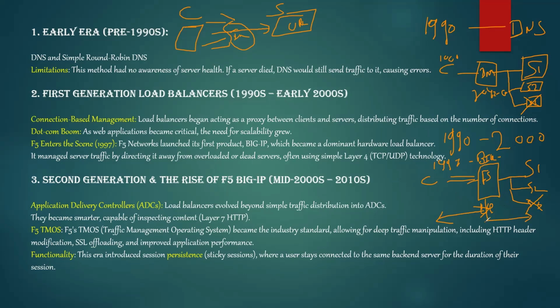It uses layer 4 terminology because of this manipulation of data, encryption, decryption of data, and many certifications. All that capability we can introduce into the network by using the F5. So this is very intelligent. After that, the second generation and the rise of F5 Big IP, mid 2000 to 2010. So next is 2000 to 2010.